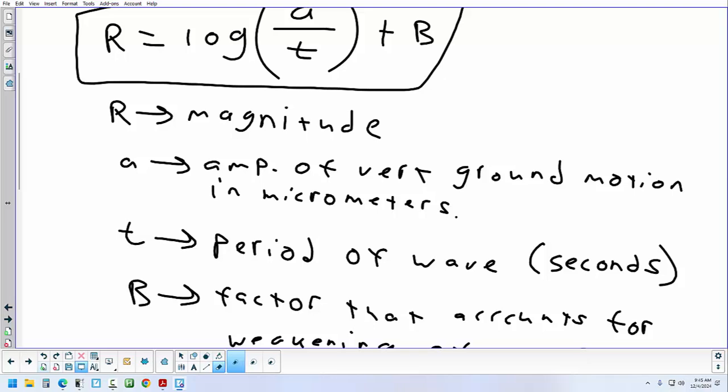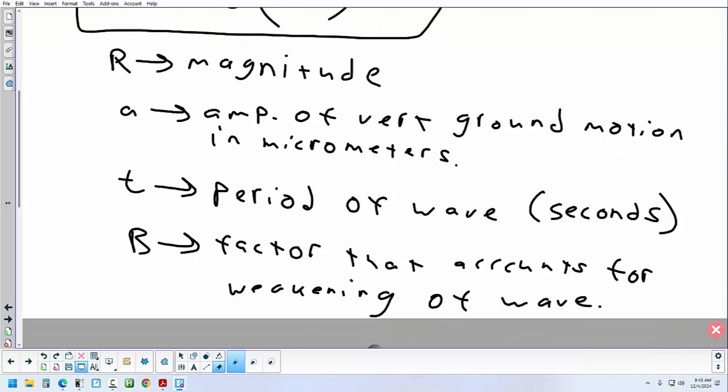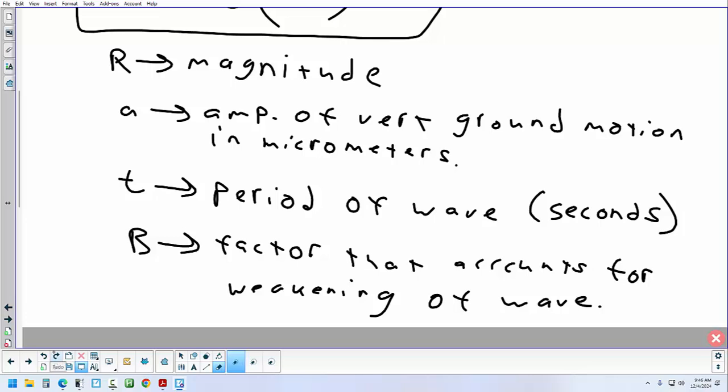And the last factor that affects the earthquake is B, which is some type of factor that accounts for the weakening of the wave. And I would think that has to do with the kind of material that the earthquake is traveling through. Think about what happens if you drop a huge boulder in the middle of a pond. It creates a huge wave, and that wave spreads.